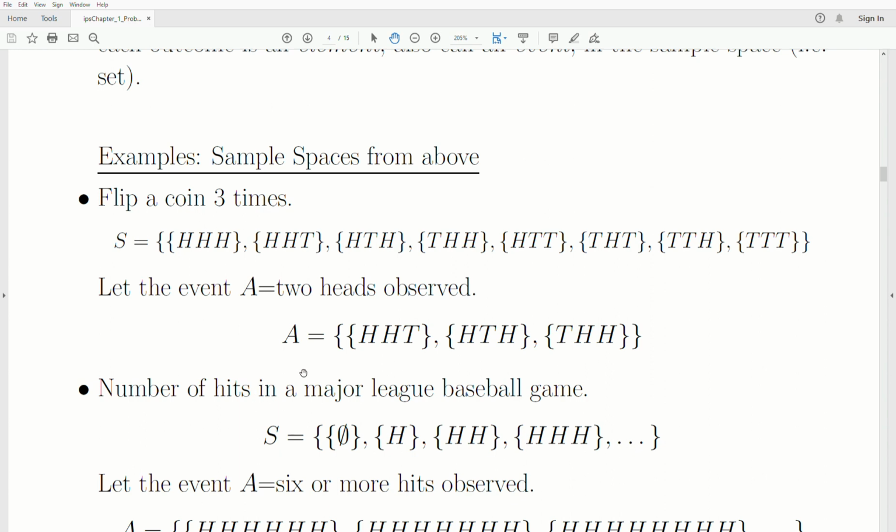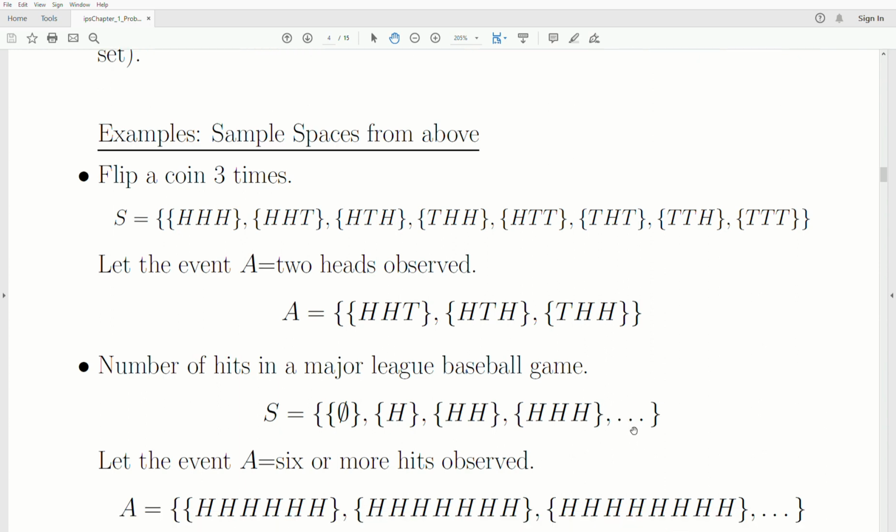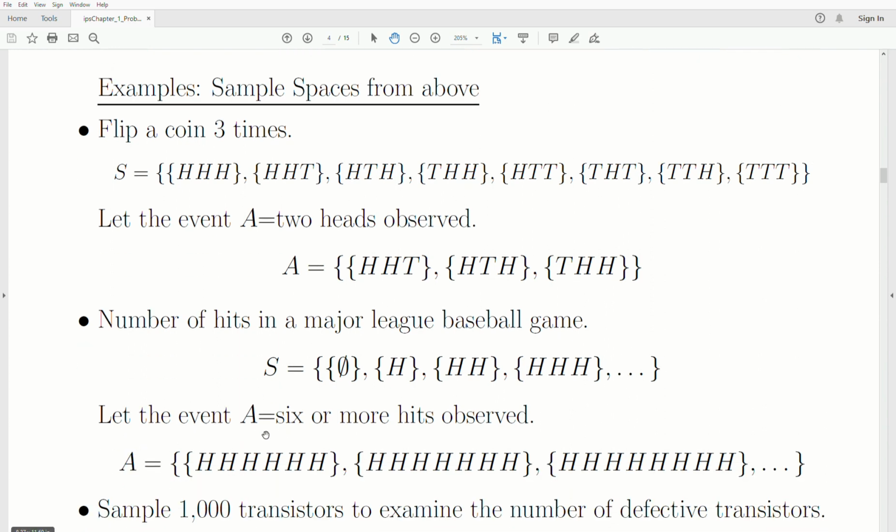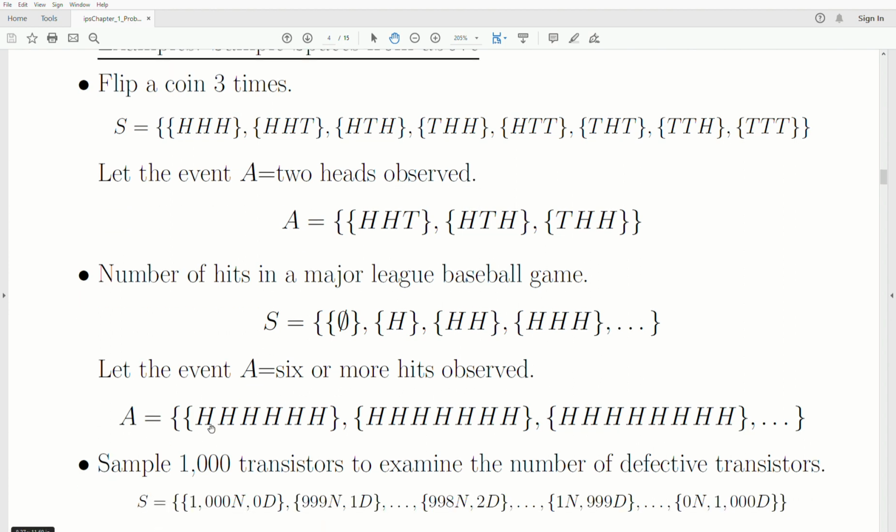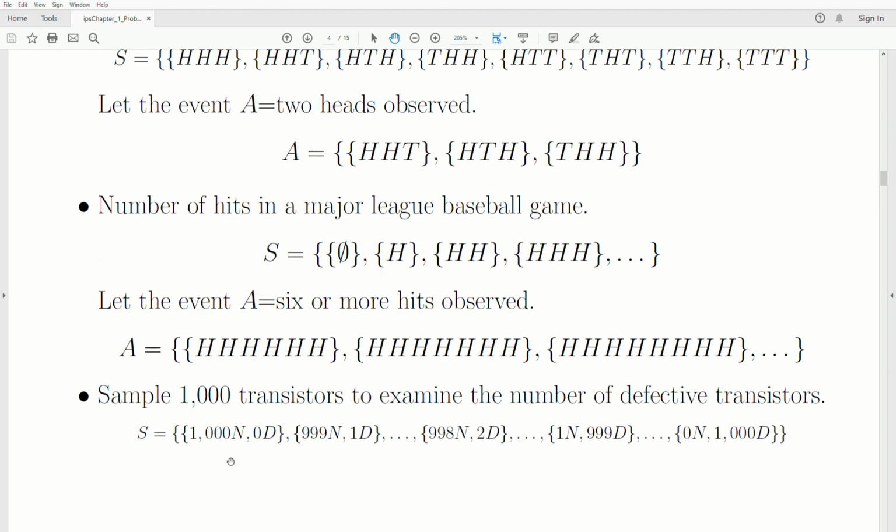Now, there may be some Major League Baseball enthusiasts that correct me on that, and I'd love to hear back from that. But let's let the event A equal 6 or more hits observed. So the event A would contain 6 H's or 7 H's or 8 H's all the way. So that would be the event from the sample space.